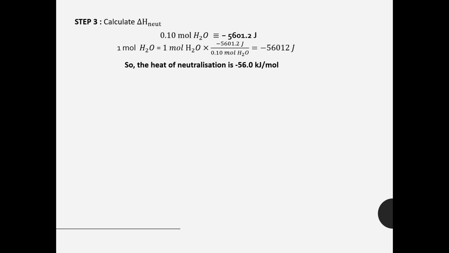To calculate enthalpy of neutralization, first we equate the 0.1 mole of water found in step 1 with the Q reaction found in step 2. Then we calculate, for 1 mole of water, the amount of heat released in the neutralization reaction, and that is equivalent to the enthalpy of neutralization of the reaction.